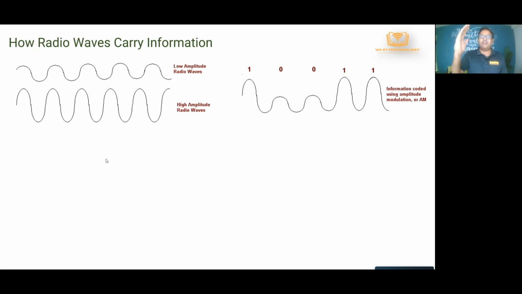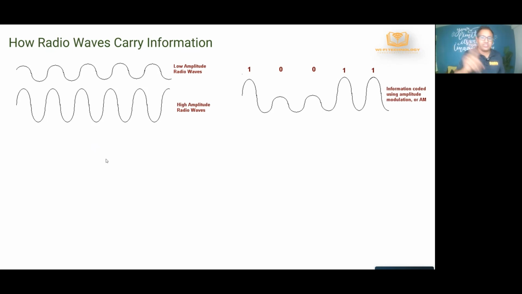And then after a certain time, I want to send a 0, so I will send the same signal, the same frequency, but now at a lower amplitude. So every time I'm sending the signal at a higher amplitude, it is a 1, and every time I'm sending at a lower amplitude, it is a 0. So I send a higher amplitude, then a lower amplitude for 0, and again a lower amplitude for 0, then a higher amplitude for 1, and again a higher amplitude for 1.